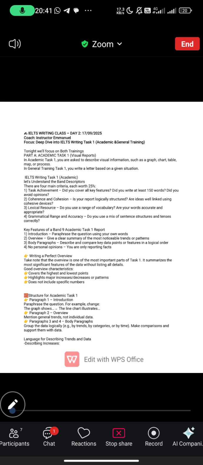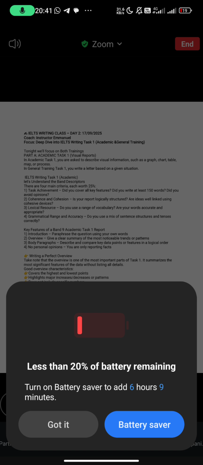Very important. So lexical resource is the range of vocabulary you use. Do you use words accurately and appropriately? Now, don't use basic words. Like I always say, use advanced words. Your words should not be basic English. Go a bit advanced in a way, and write intelligently.